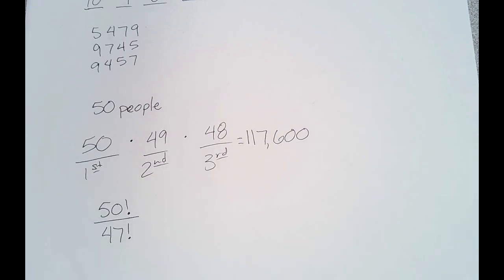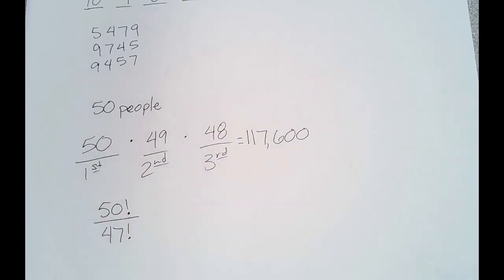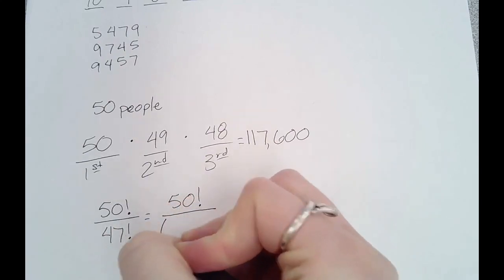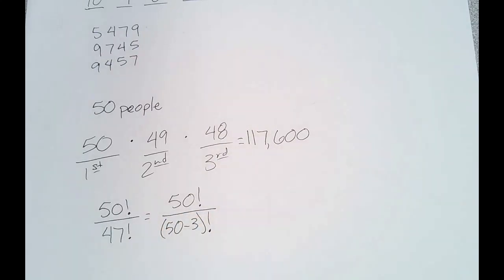So the way that we can come up with a formula for this is we have to think about where the 47 came from. The 47 came from, we started with 50 people and we assigned 3 of them spots, and then we didn't worry about anyone else. So that's really coming from 50 factorial divided by (50 minus 3) factorial.